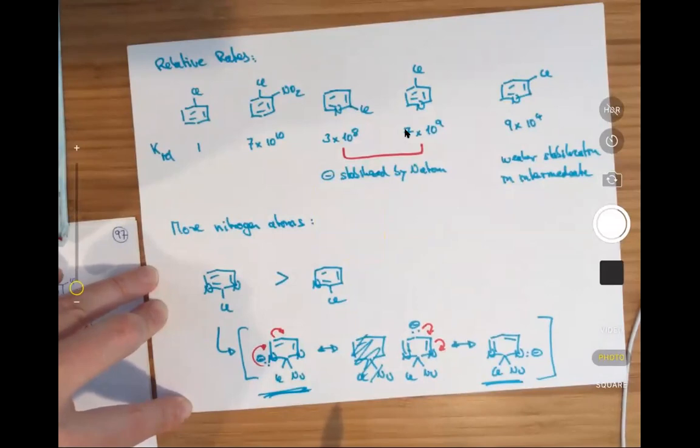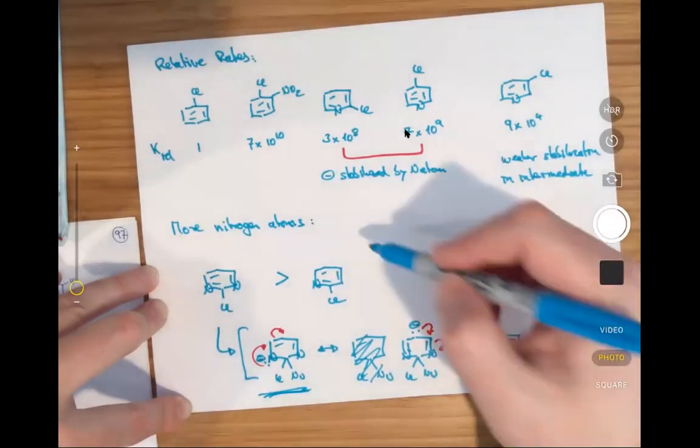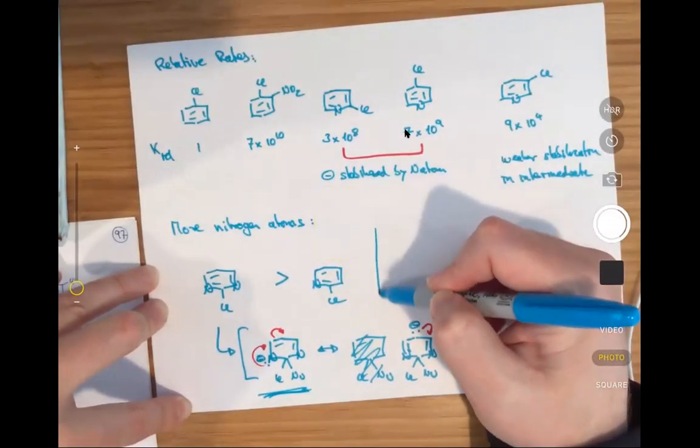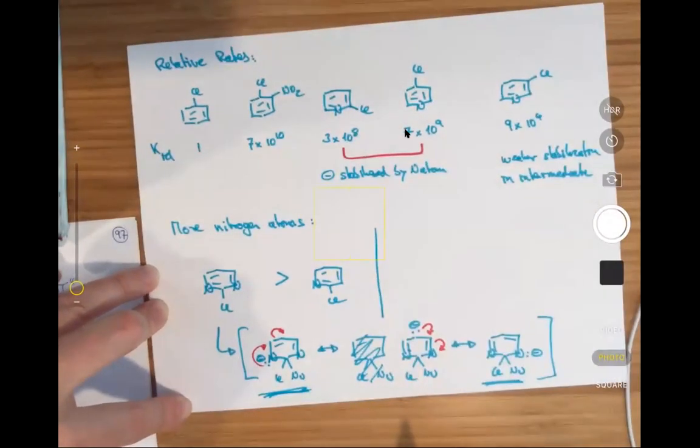Now, the last thing that you should maybe remember here is that all of this applies to electron-poor aromatic rings. So electron-rich aromatic or heteroaromatic rings are unreactive in this nucleophilic aromatic substitution.